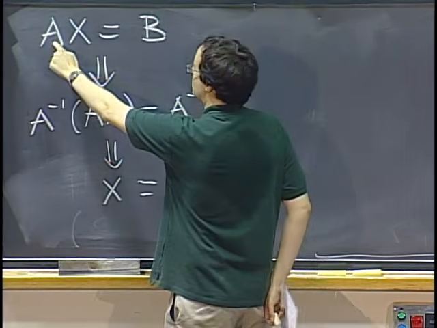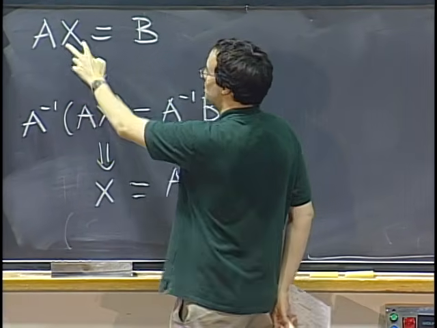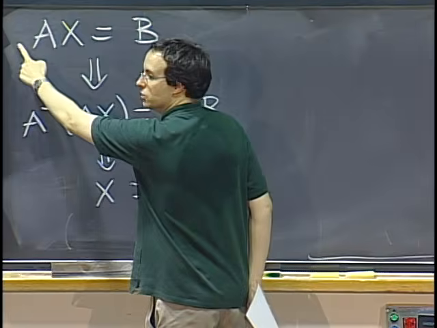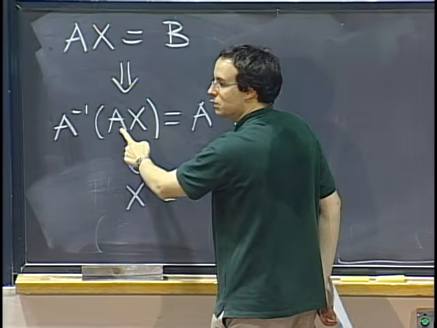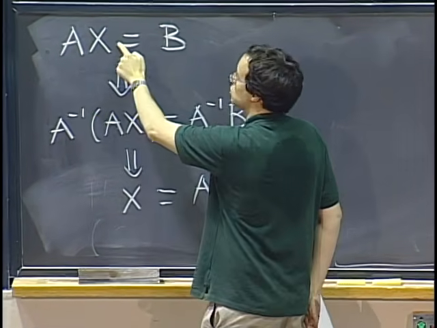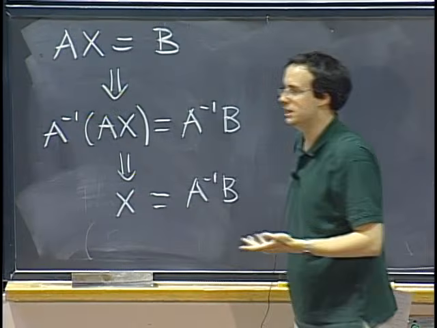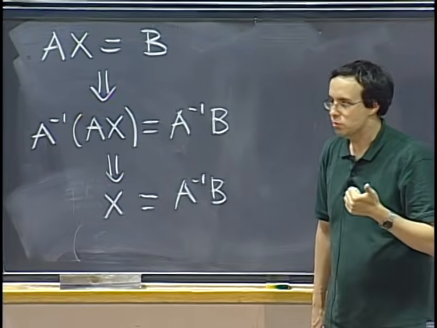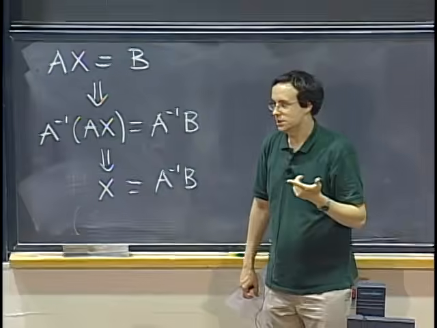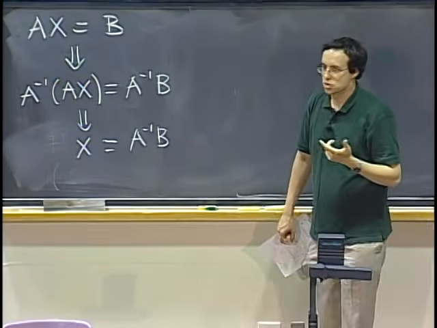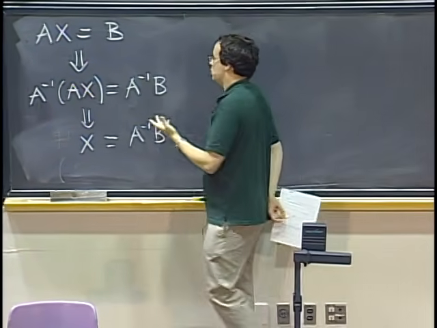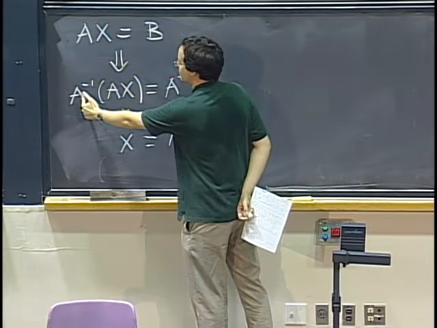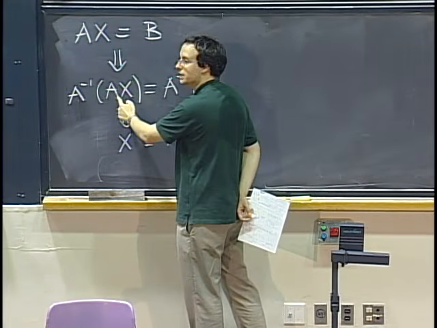To get from here to here, I multiplied on the left by A inverse, and then these guys simplify. If I had put A inverse on the right, I would have AX A inverse, which might not make sense. And even if it makes sense, it doesn't simplify. So the basic rule is, you have to multiply by A inverse on the left so that it cancels with this A that's on the left.